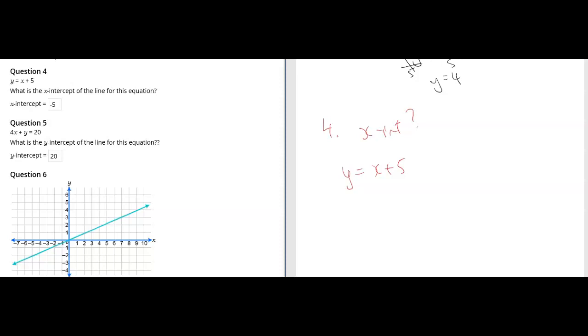Your x-intercept is when y is equal to 0. So I'm just going to substitute in y equals 0 there, and then solve for x. Take away 5 from both sides, so that 5 is eliminated, and then x is equal to -5. So you can see here that your x-intercept is -5.